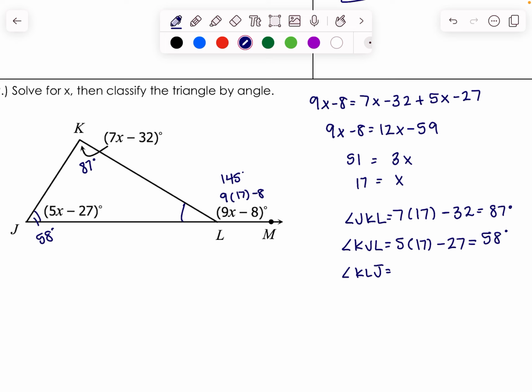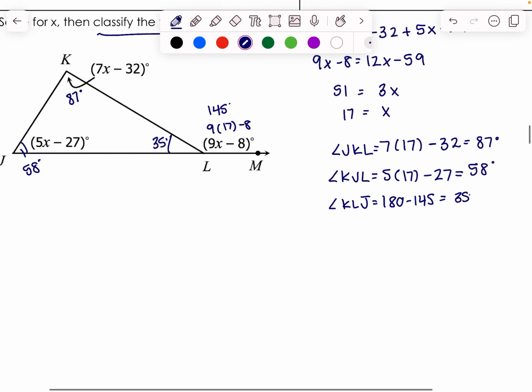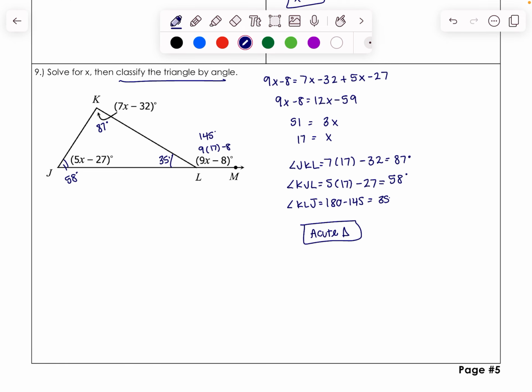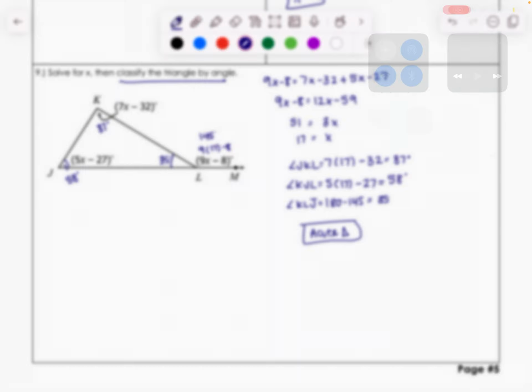Okay, so then to get angle KLJ, that's a linear pair, so I just need to do 180 minus 145, and I get 35. Okay, so now if I want to classify it by angle, that's either going to be acute, obtuse, right, or equiangular. Since these are all acute, it's going to be an acute triangle. All right, well, that is it for 4A.2.